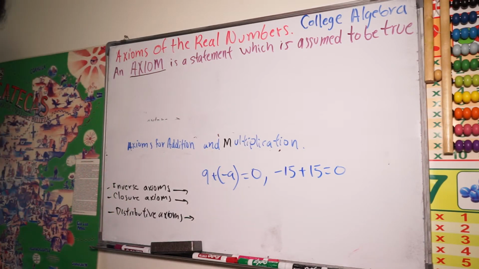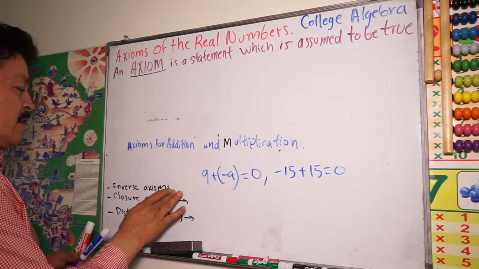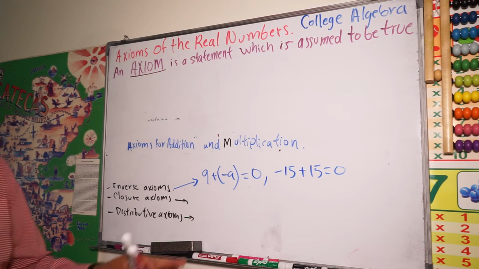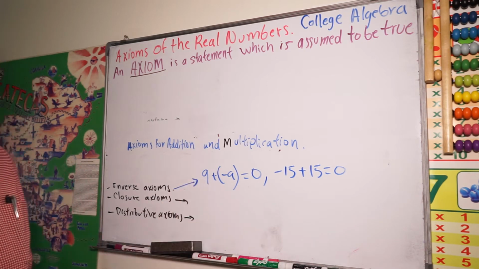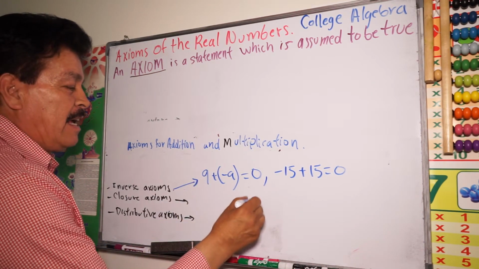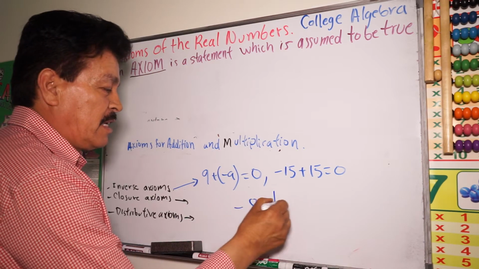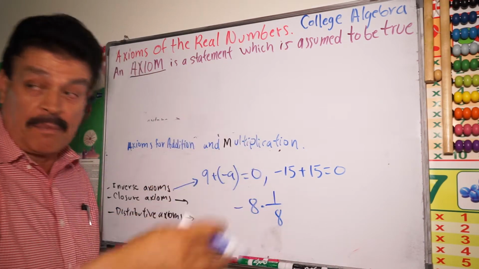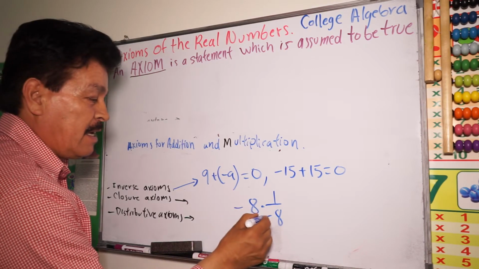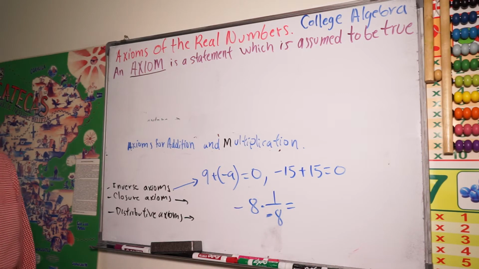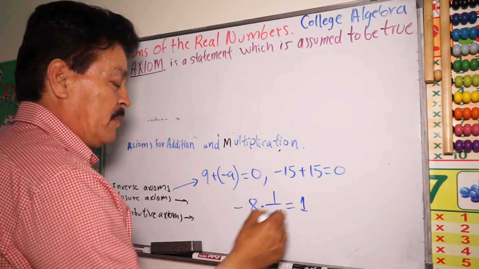In multiplication, you multiply by the inverse. For -8, the inverse is -1 over 8, and the product equals 1.